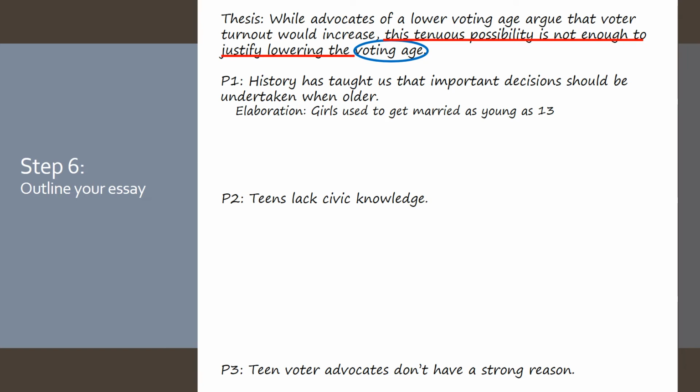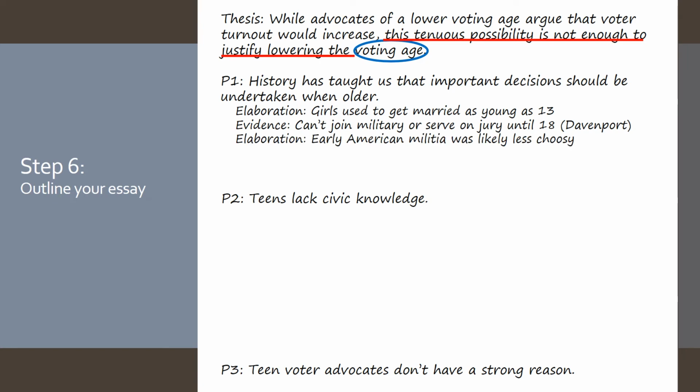For my evidence, I might use from the Davenport article that you can't join the military or serve on a jury until you're 18. And then the early American militia was likely less choosy. Okay, so that's what I was saying before when I was going through the evidence: early America, when they were fighting for our independence, I'm pretty sure they probably had some teenagers fighting with them.